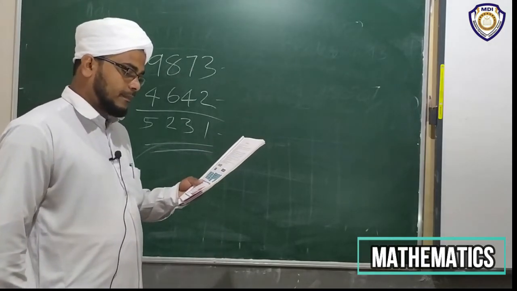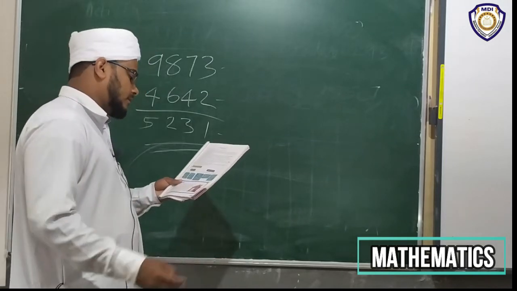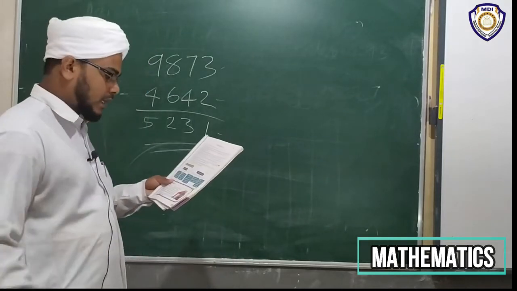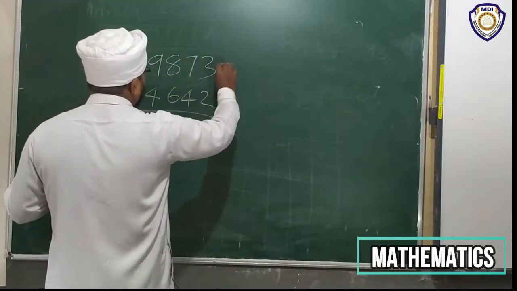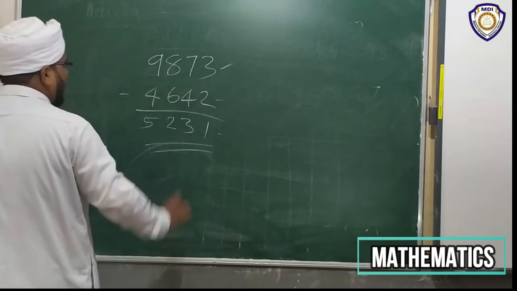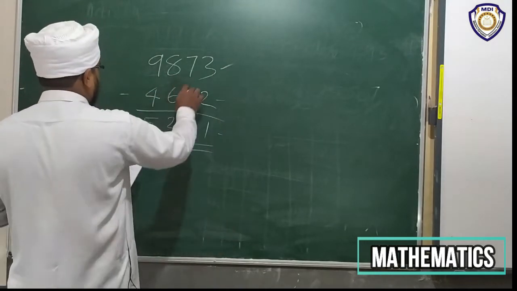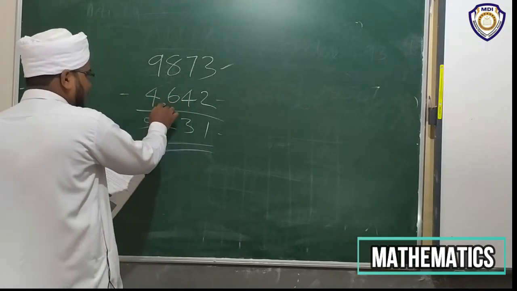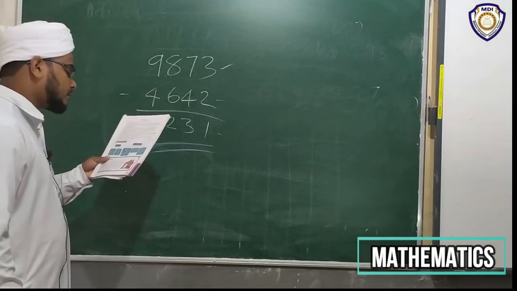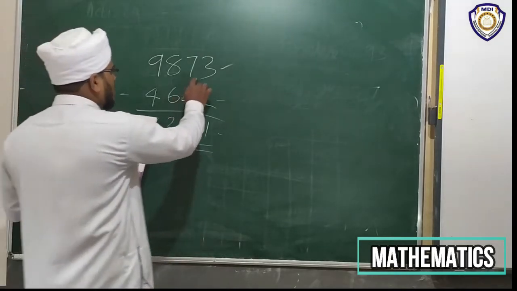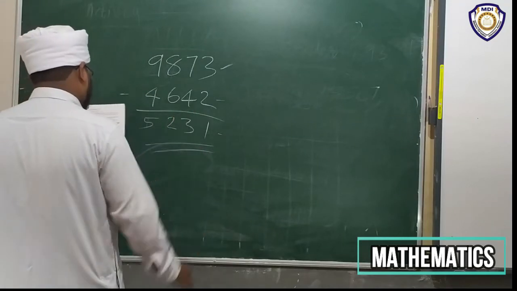Okay? There are three numbers. This is the number from which we are subtracting. From which we are subtracting this number. This number is subtracted from this number. Okay? Yes. This is called minuend and this is called subtrahend.